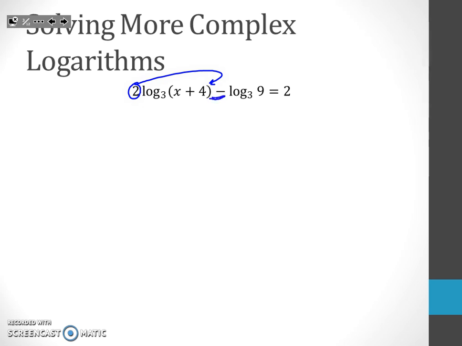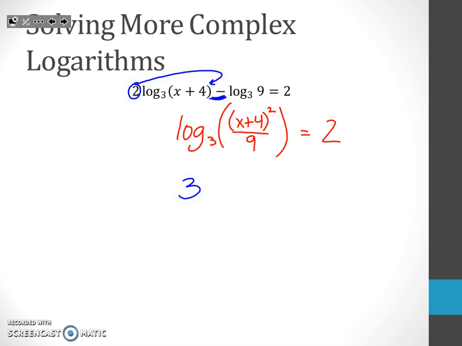I've got a minus sign there, so that means this is going to be combined using division. So I've got log base 3 of x plus 4 squared over 9 equals 2. Okay, so I had a minus sign, so I combined using division. It's x plus 4 squared because I had to move the 2 that was out in front up to the top. All right, now I'm ready to exponentiate to get rid of that logarithm.